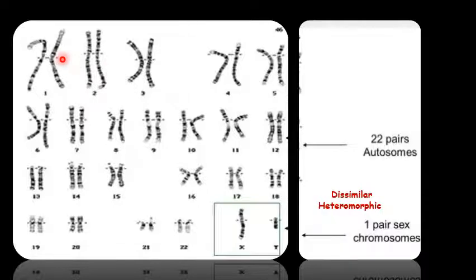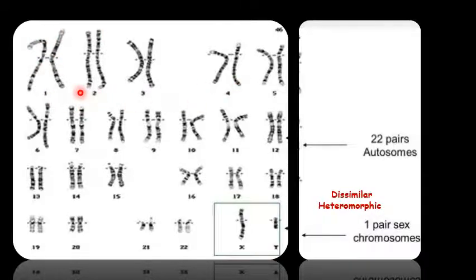They also contain homologous counterparts, which means that if you take a pair of chromosomes, the same genes will be on both, because one is inherited from the mother and one from the father, right? So they are called autosomes.